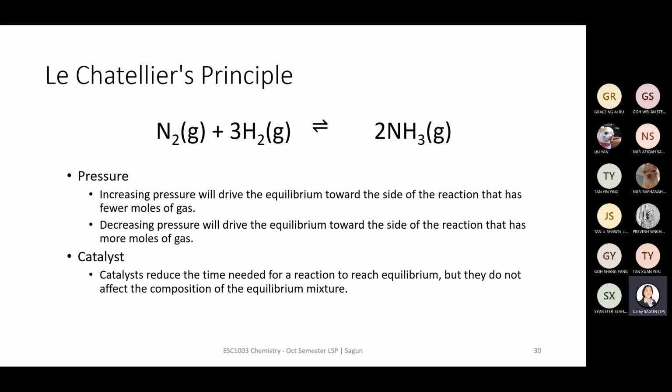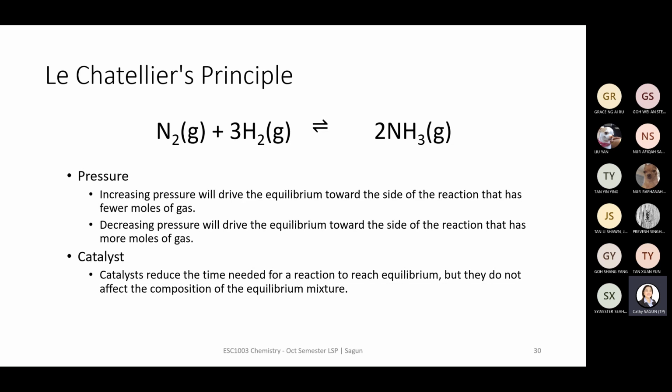But if, for example, let me draw again our nice arrow. That's how I remember it. Then we said decreasing, so if it's low, it will go to where it is high. I have 2, I have 3 plus 1, there's 4. Then it will go to this side. So the reaction will be reversed.